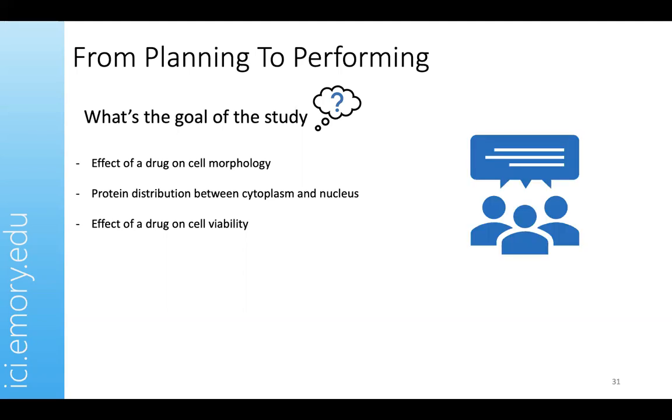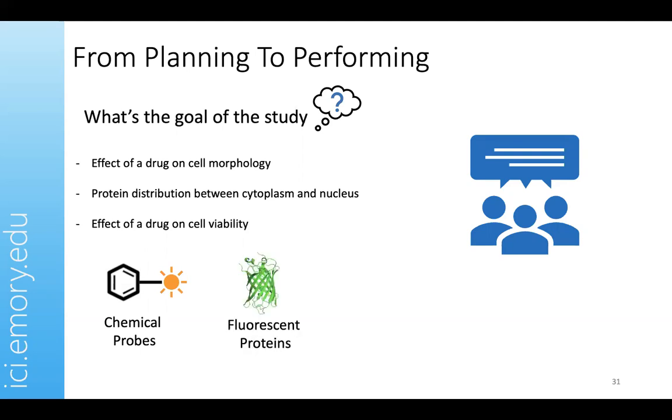You will talk to your lab members, talk to your PI, and be like, okay, I can use a certain kind of chemical probe, you want to order that, or you will have your cell type expressing a particular fluorescent protein, or you will use an immunofluorescence strategy, right?